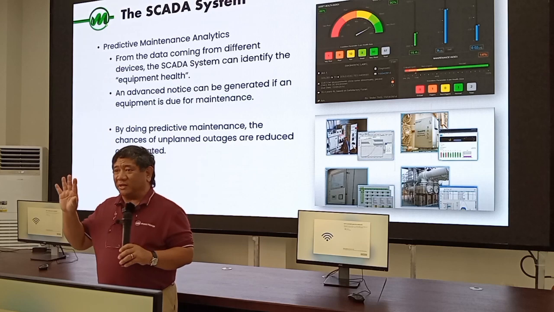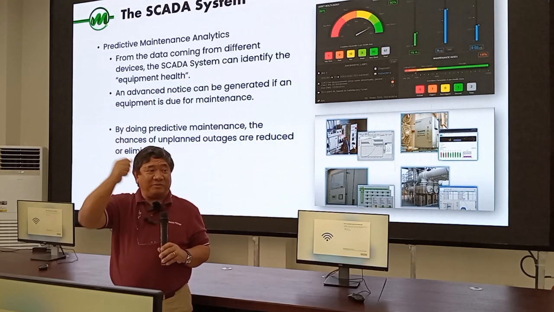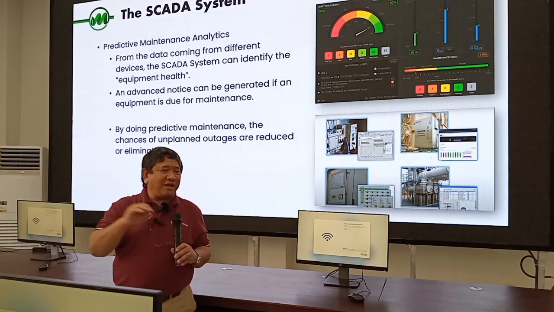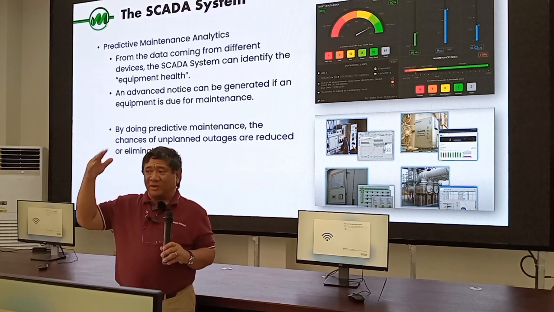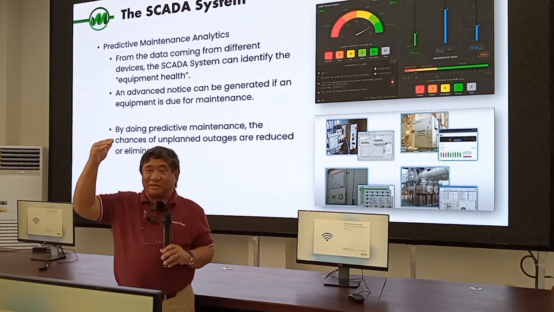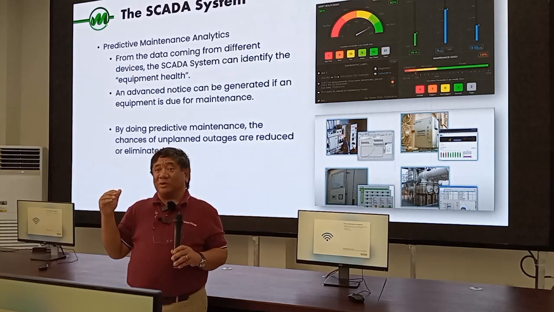We are using, just like during the pandemic, thermal scanning. So we actually do thermal scanning very regularly of the different facilities, sa atin periodic, to see if the temperature is rising. That would actually tell us na medyo something is going wrong.